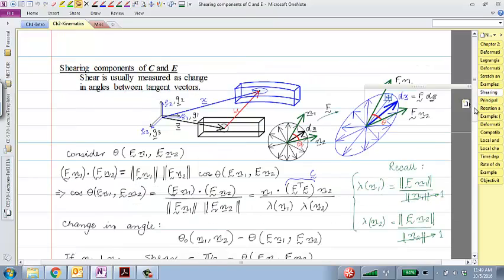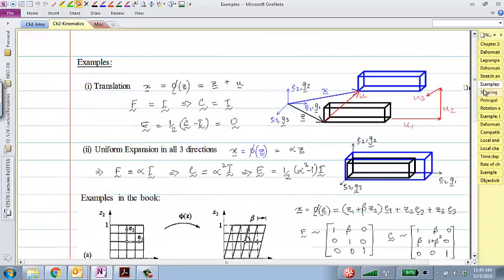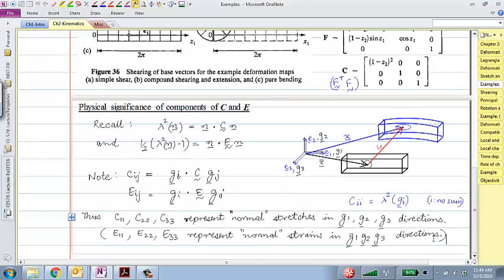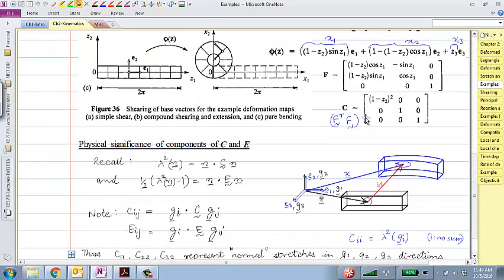So in the last lecture before the quiz, we looked at the physical significance of the components of C and E. Anybody remember, if I have a C tensor, what do the diagonal entries of C represent?